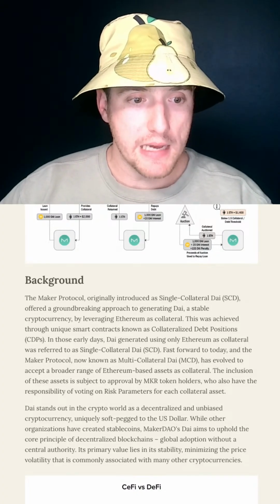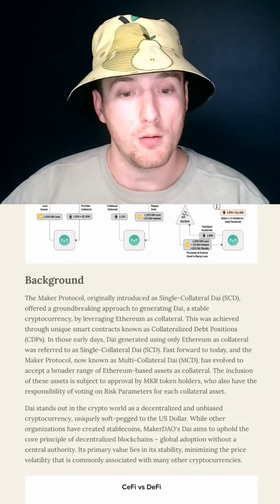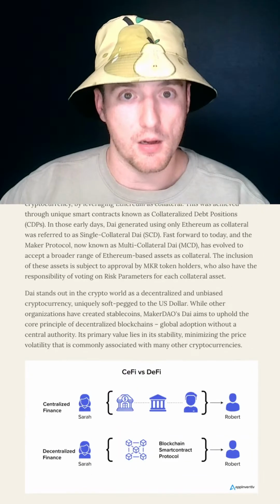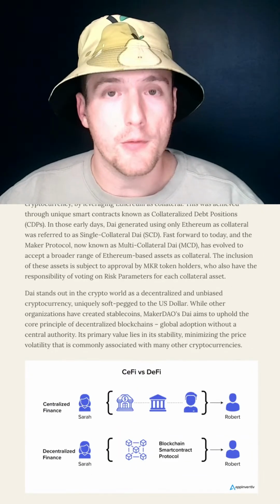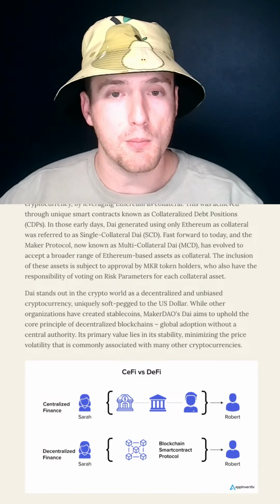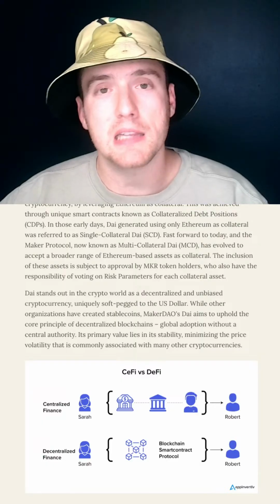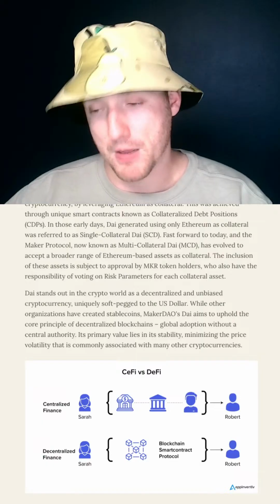The inclusion of these assets is subject to approval by Maker token holders. Again, there's that MakerDAO, who also have the responsibility of voting on risk parameters for each collateral asset. Again, what is the threshold that we're willing to take? If you are borrowing against ETH, it's less risky than another asset on Ethereum, like a meme coin, right?